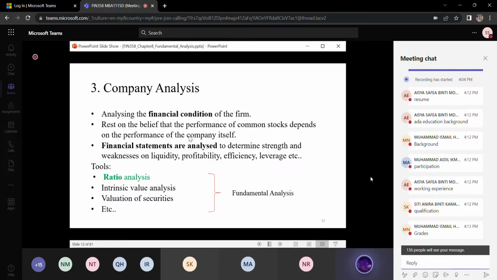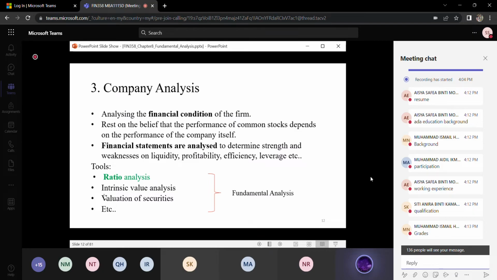Kalau syarikat tersebut dia mengalami kerugian, so harga saham akan jatuh. Right, so financial statements are analyzed to determine strength and weaknesses on liquidity, profitability, efficiency, and leverage. So the tools that we're going to use atau kita akan fokus adalah ratio analysis.